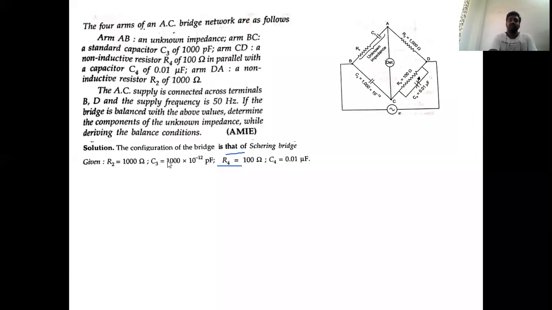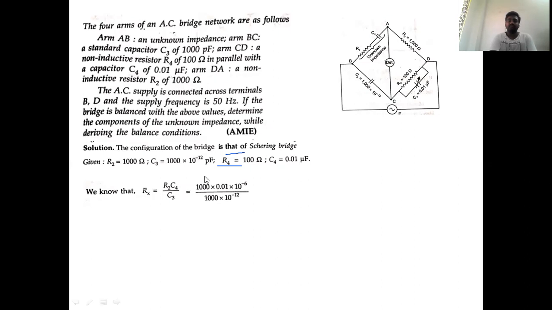What is the expression? Rx is equal to R2 C4 divided by R3. So substitute the values one by one.